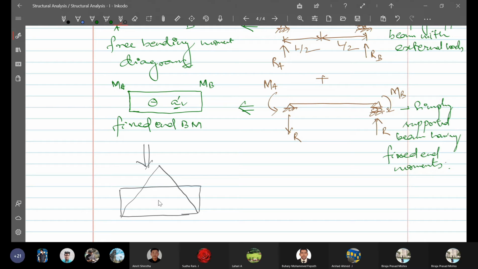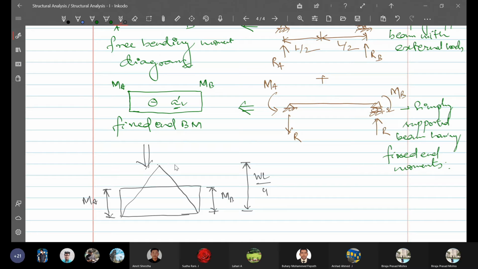Like this. Now this one is MA, this is MB, and this height we already know is WL by 4, this height till this point.